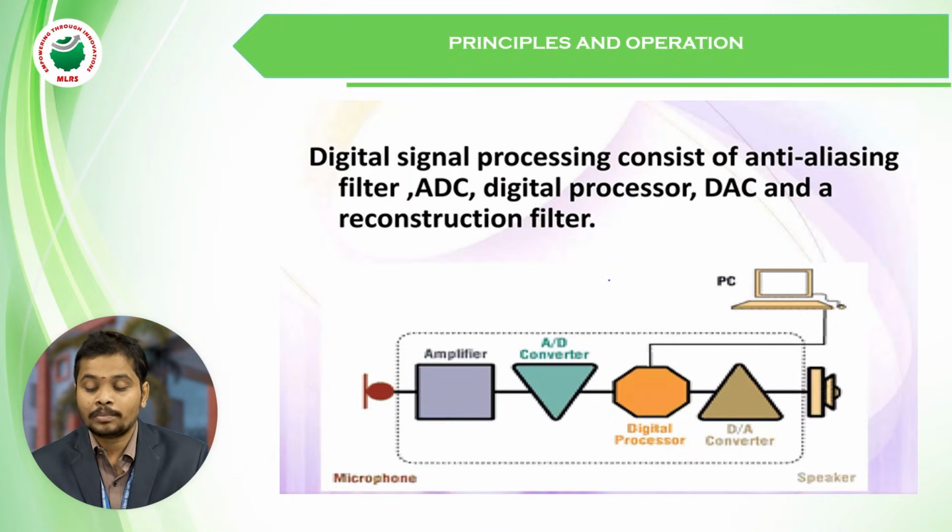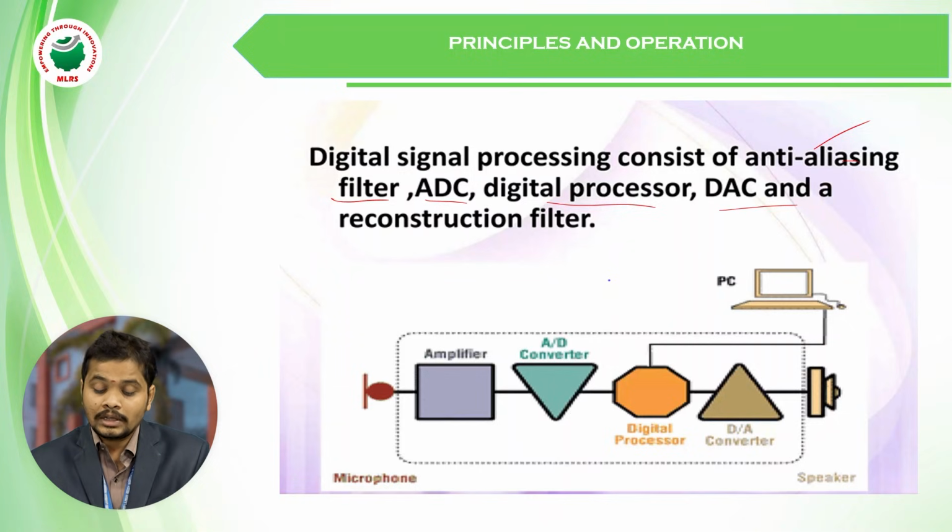And principles and operation: digital signal processing consists mainly of, as I have already told, ADC blocks and the DSPs. Also, digital signal processing consists of anti-aliasing filters. I already told you about IIR digital filters and FIR digital filters in the introduction. Those are also needed, along with ADCs, digital processors, DACs and reconstruction filters.